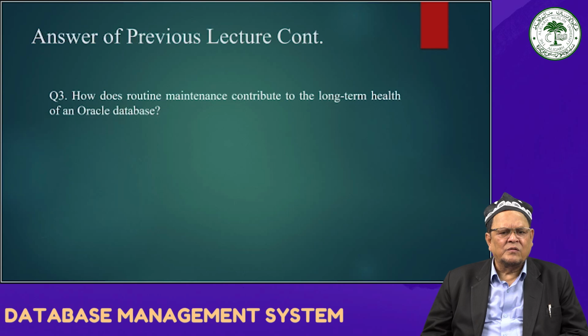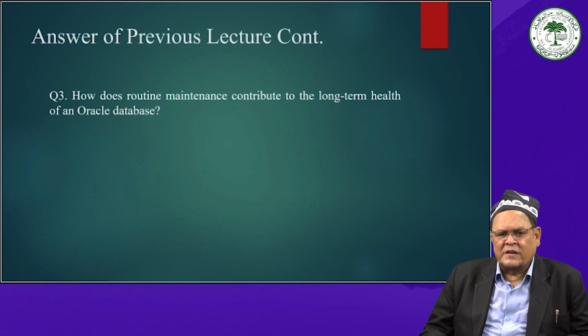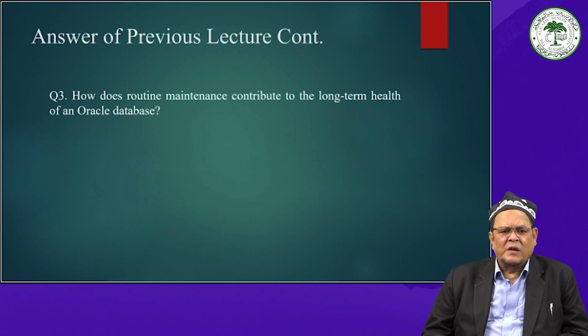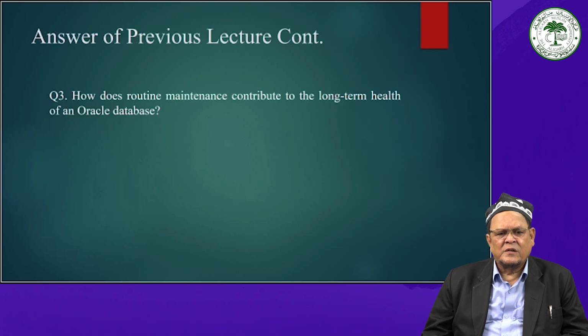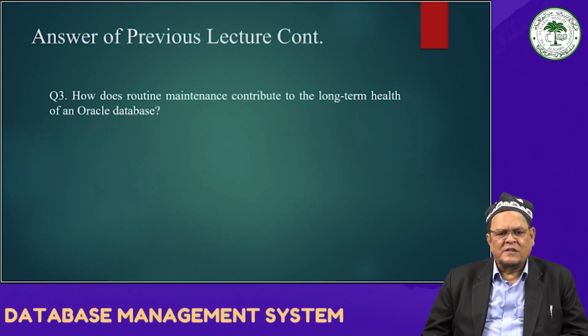The third question was, how does routine maintenance contribute to the long-term health of an Oracle database? The answer is, routine maintenance tasks in Oracle database administration play a vital role in sustaining the database performance and stability. Regular patching and updating ensures that the database software is current with security fixes and bug patches.